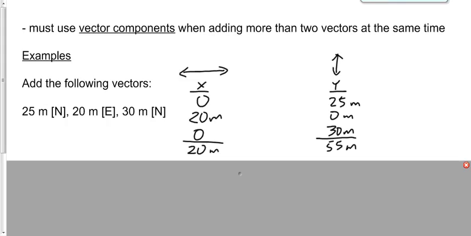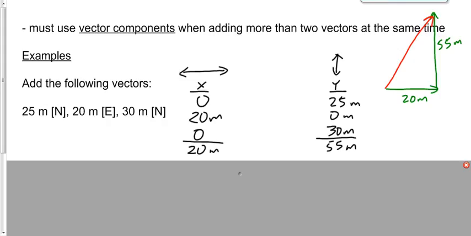Now I can add up 20 and 55 in 2 dimensions. So now I can go over here and say 20 meters to the east on the x-axis, 55 meters to the north on the y-axis. Remember, front to back still. And then my resultant vector, the sum of those vectors, is going to be drawn from start to finish.